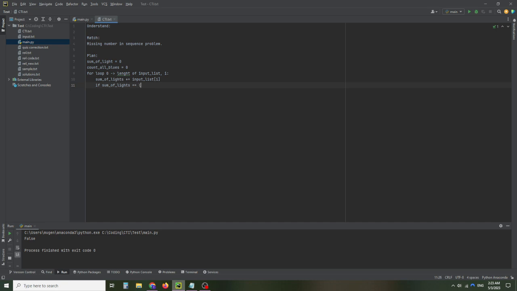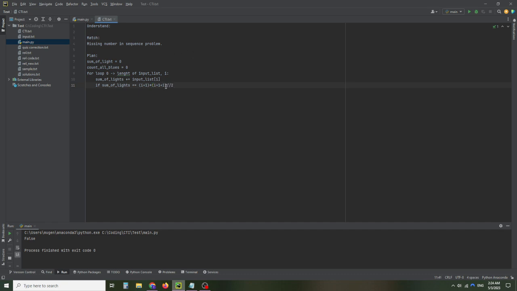And the formula for the summation is n times n plus 1, all divided by 2. So here it is i plus 1 multiplied by i plus 1 plus 1, divided by 2.